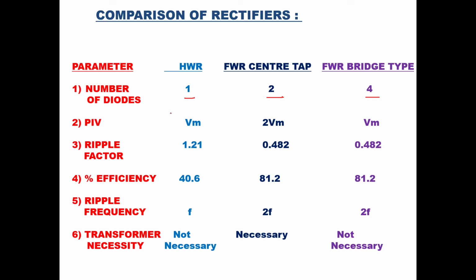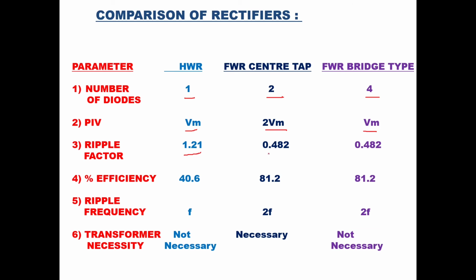Similarly, the second parameter, peak inverse voltage, for the half wave rectifier is Vm, for the full wave center tap rectifier it is 2 Vm, and for the bridge it is Vm. The ripple factor for the half wave rectifier is 1.21.